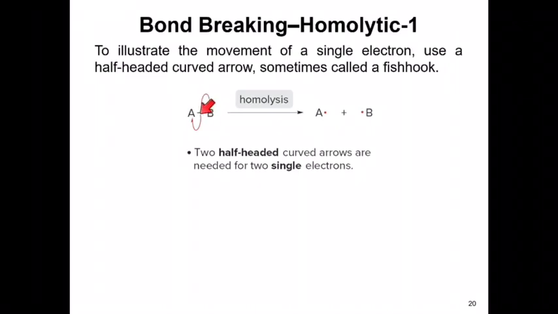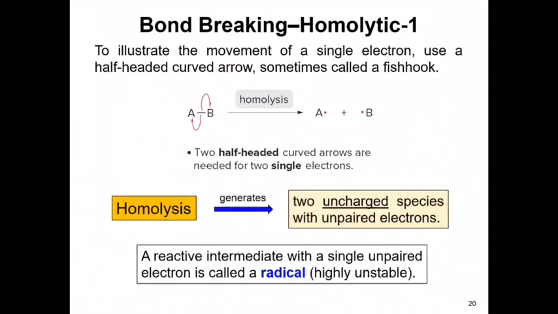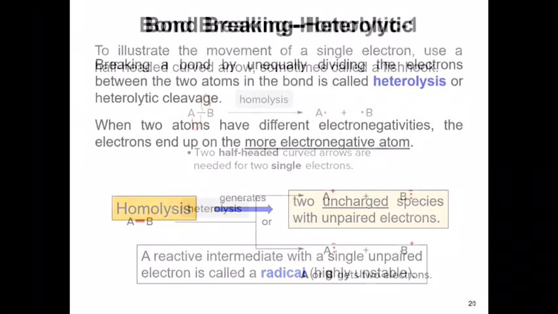One electron goes towards atom B, and the other electron goes towards atom A, which is shown by this fishhook half-headed curved arrow. To summarize, homolysis basically generates two uncharged species with unpaired electrons. A reactive intermediate with a single unpaired electron is also known as a radical, and radicals are very, very unstable.